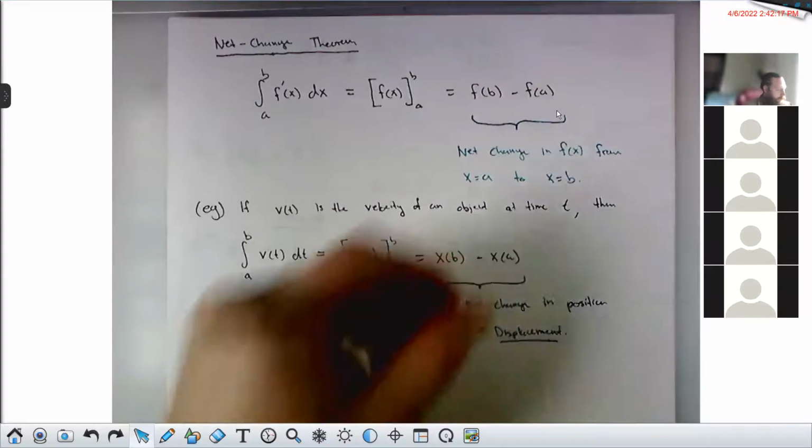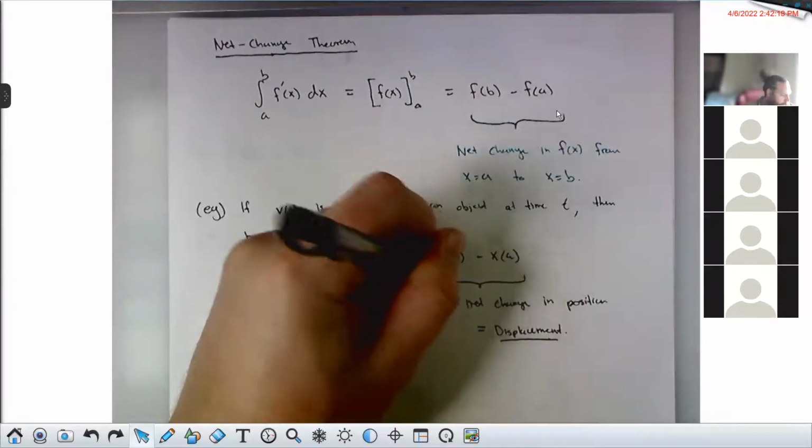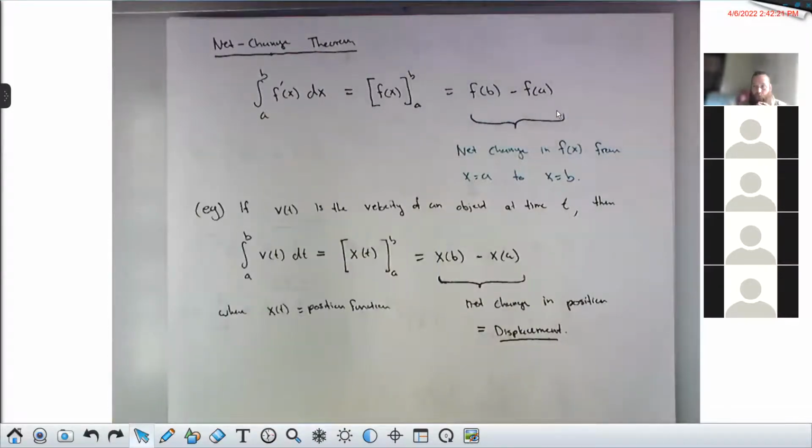And I'm saying displacement, and I'm avoiding the word distance very carefully here for a good reason. If I leave my house, walk to the grocery store, and then walk home, I have definitely covered some distance. But I ended up at the same place I started.